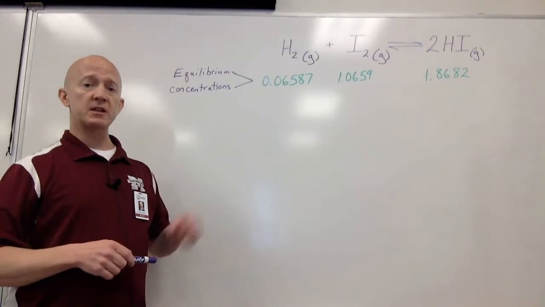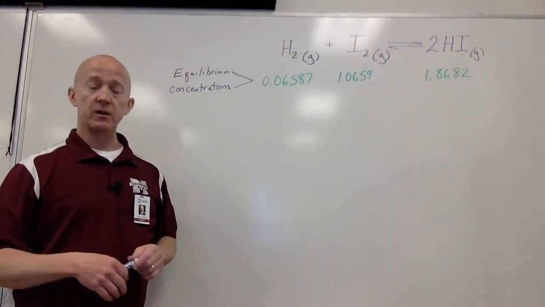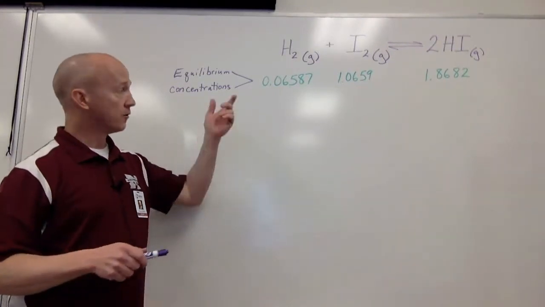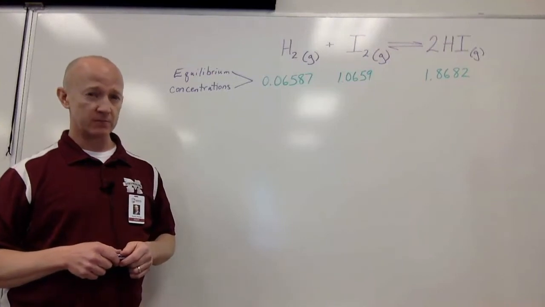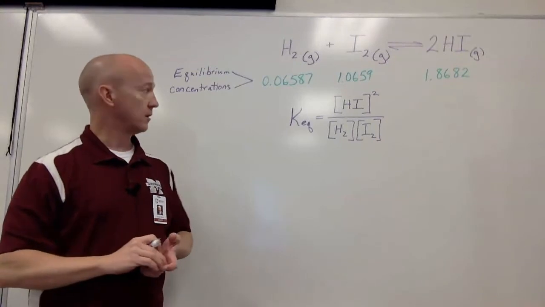Now, using these equilibrium concentrations for each of these compounds in this reaction, let's try to find out the actual value of KEQ for this reaction. You ready? Okay, first, I've written out my equilibrium constant expression.